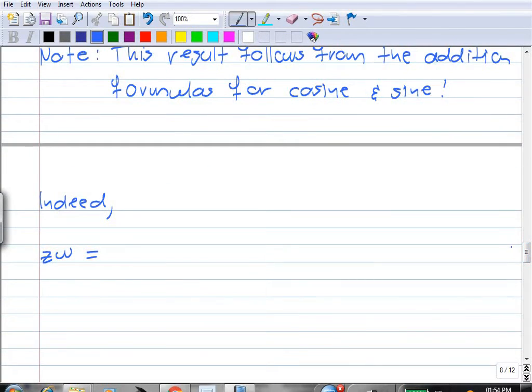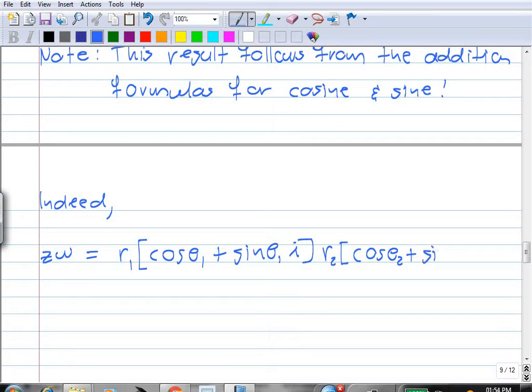Alright, so if you want to calculate zw, z is r1(cos theta 1 + i sin theta 1), and w is r2(cos theta 2 + i sin theta 2).